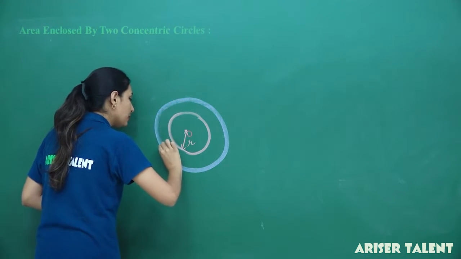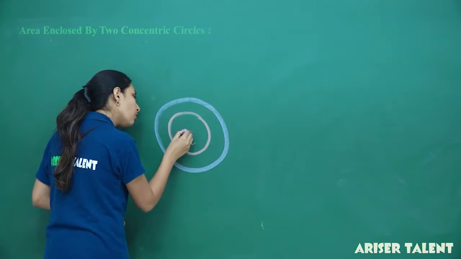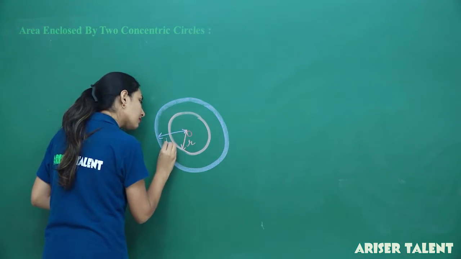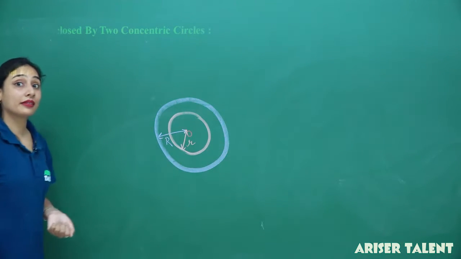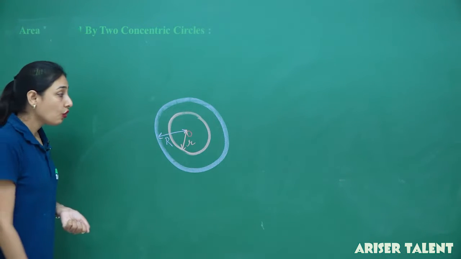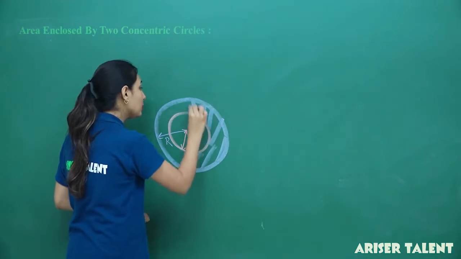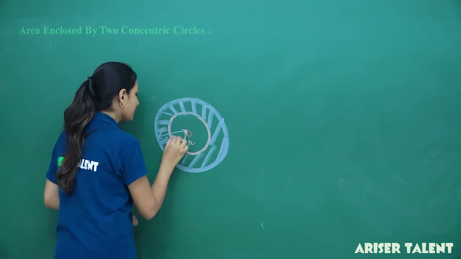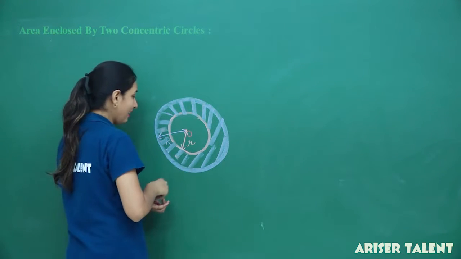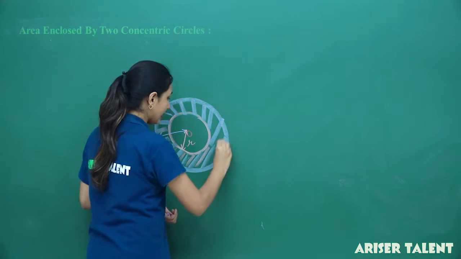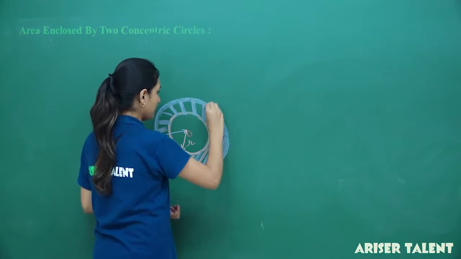Okay, my dear students, and this radius I call capital R. So, what will be this area? This is the area enclosed by the circles. Okay, I will draw it well. So, it is a nice diagram. Okay, students.